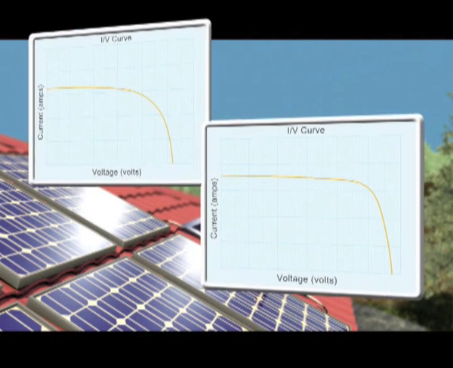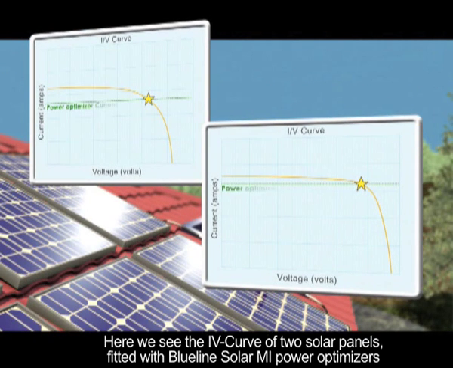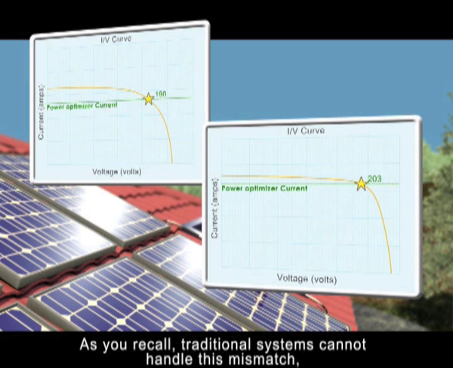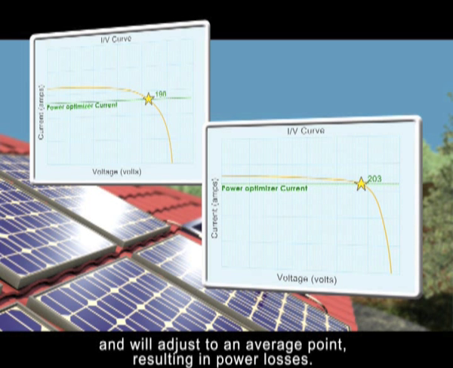Here we see the IV curves of 2 solar panels fitted with Blueline solar power boxes. You can see that the MPP point is different for each panel. As you will recall, traditional systems cannot handle this mismatch and will adjust to an average point, resulting in power losses.